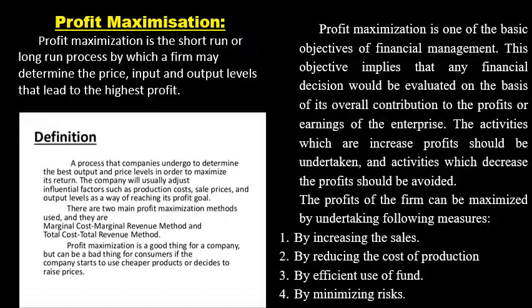Some of the measures which will help the companies to maximize the profits are increasing the sales. Through the sales, they can maximize the profits. Of course, there are pluses and minuses, but in brief, sales will contribute to increasing the profit. Or by reducing the cost of production.